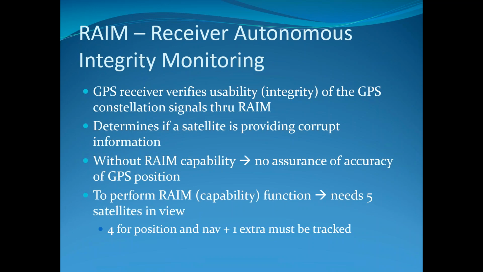What the RAIM check does is it looks at our route, and then it tells us how many satellites. This is saying right here, to perform RAIM capability function, it needs 5 satellites in view, 4 for position and nav plus 1 extra must be tracked. So it's basically assuring that we have 5 satellites available that will be in view along our entire route at the time that we're flying.